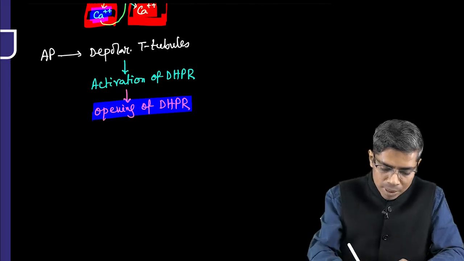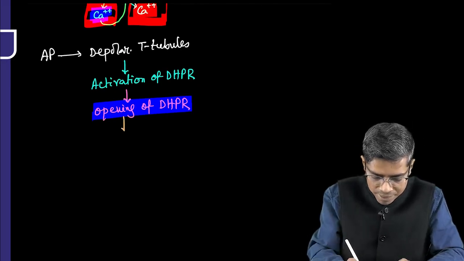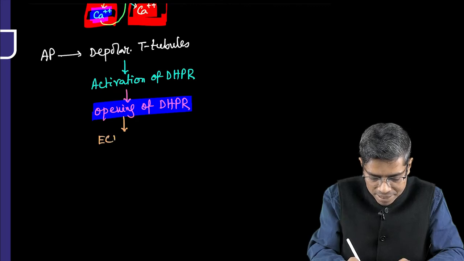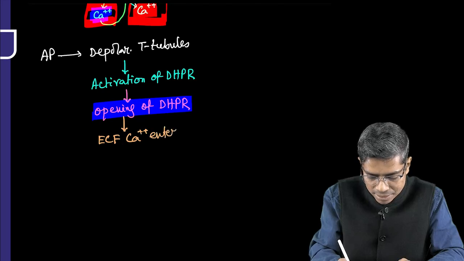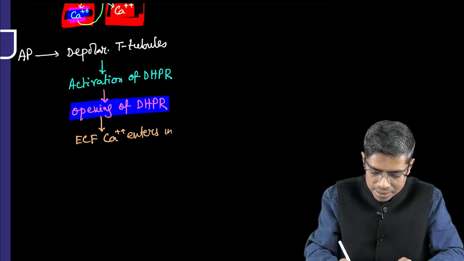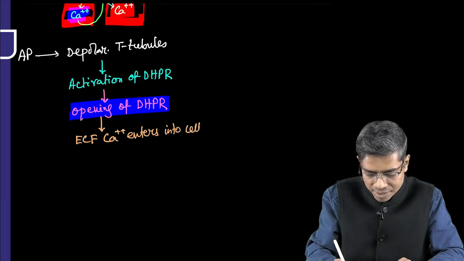Now, whenever there is opening of the DHPR channel, ECF calcium enters inside the cell, right?